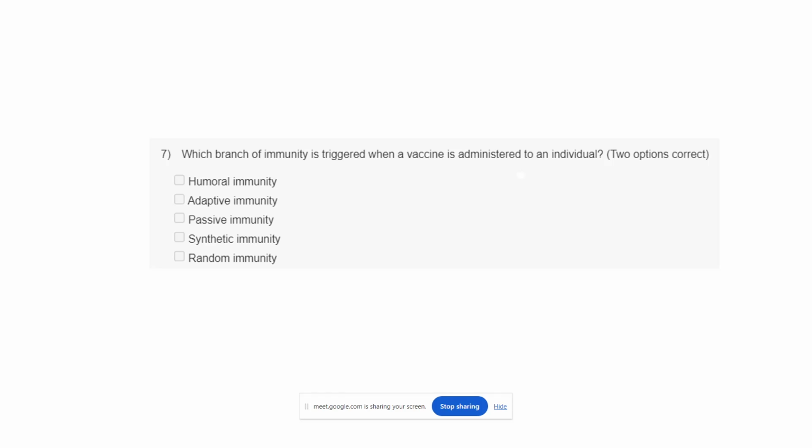Okay, we have our next question here. Which branch of immunity is triggered when a vaccine is administered to an individual? Option 1 and 2. Humoral and adaptive. Okay. Others?